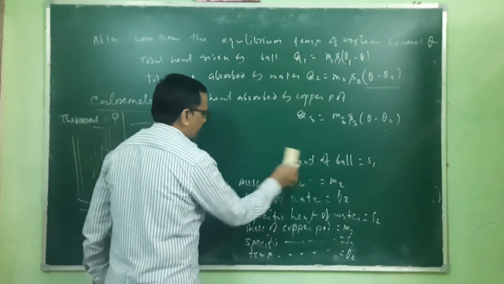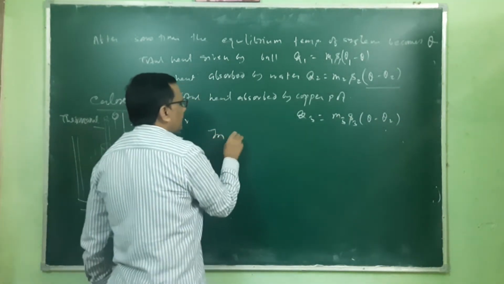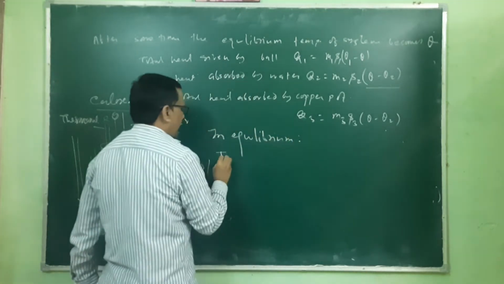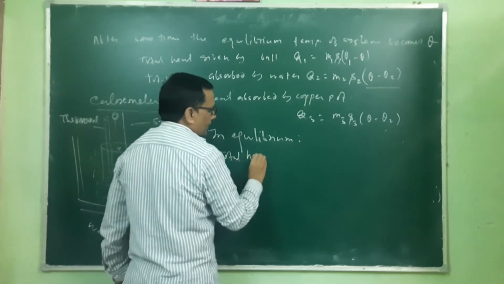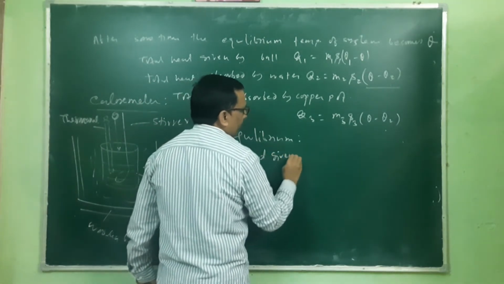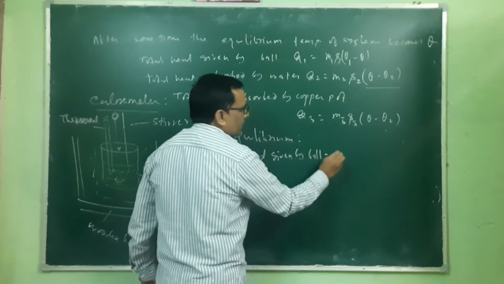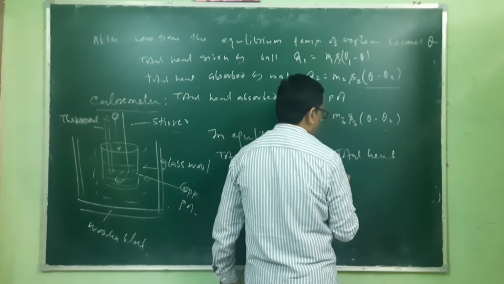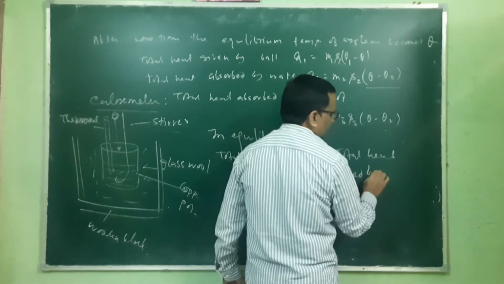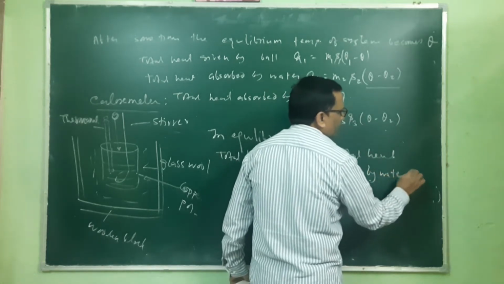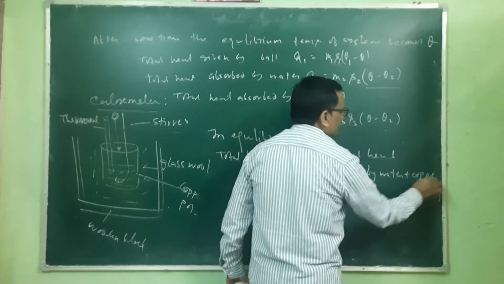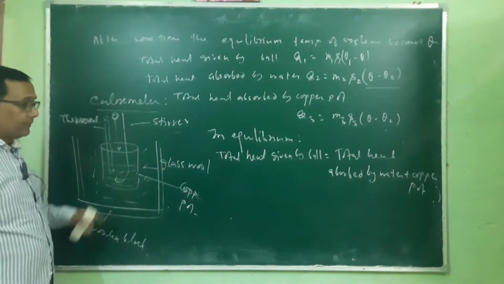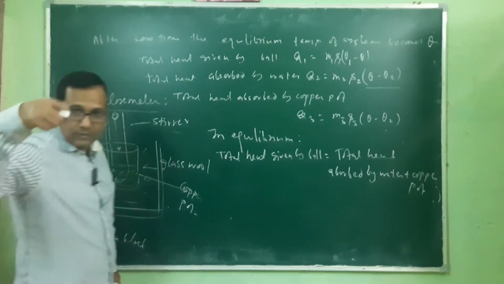So in equilibrium, the total heat given by the ball is equal to the total heat absorbed by water plus the copper part. Here we are taking the heat absorbed by the stirrer as negligible because it's just a thin wire.